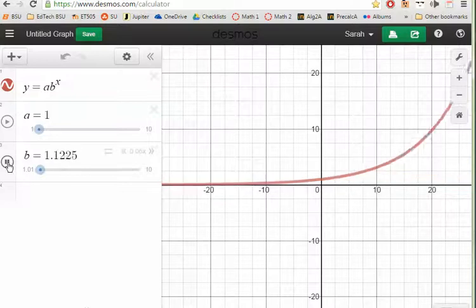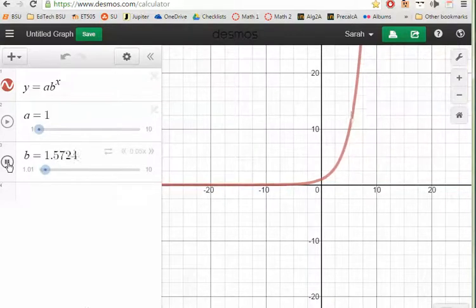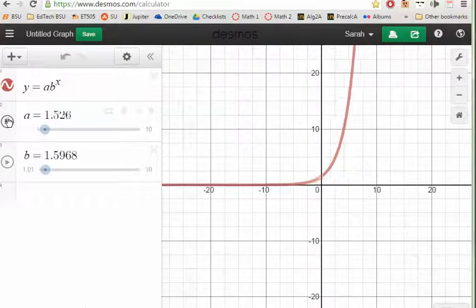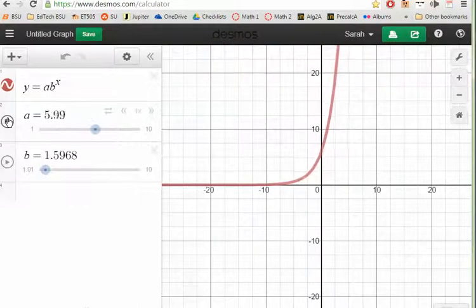But if we go ahead and push play, even right now, I had said it's so slow, we only have 1.5968 as our b value. It gets very steep very quick with such a barely larger than 1 value of b. Okay, and if we play around with a little bit, you can kind of see there's something going on here.